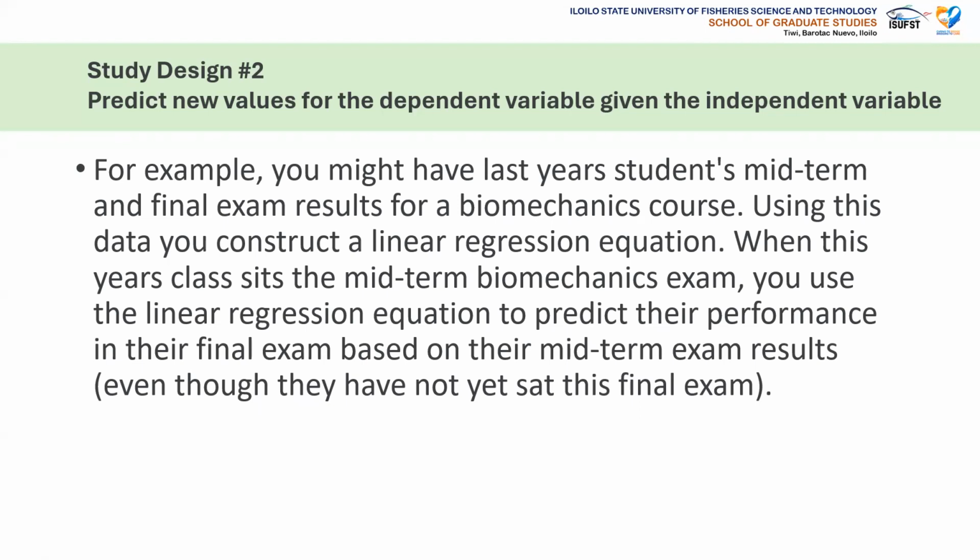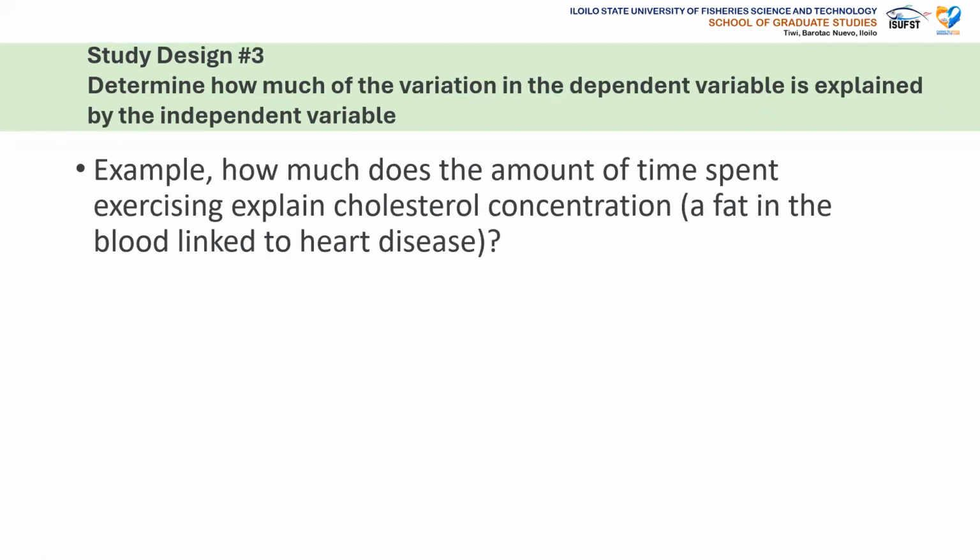Okay, that's why you could use this for prediction. You can predict, given their midterm score, the final exam score. But again, provided that indeed the midterm score is a predictor of the final term score.